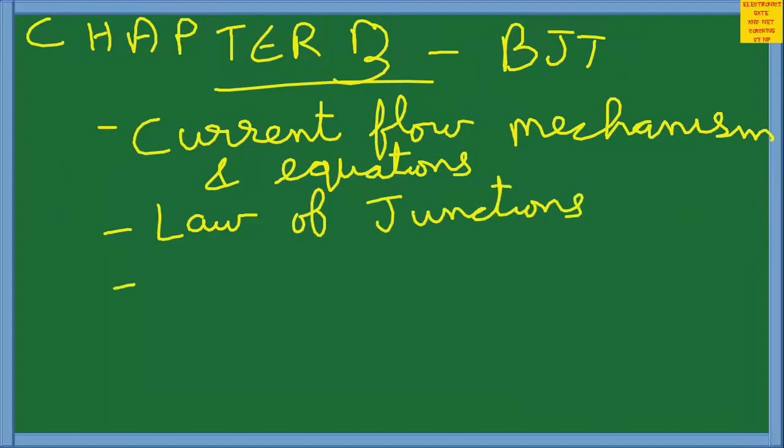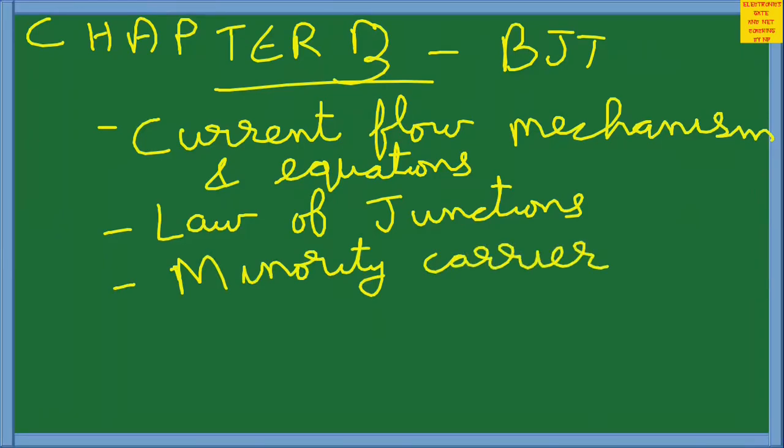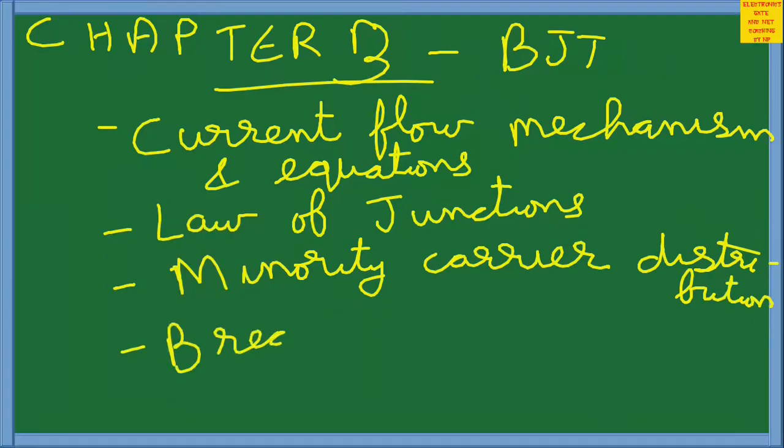And after that, we will go for the minority carrier distribution of a transistor in active mode. And here also we are discussing this considering the active mode of operation. And then we will study different breakdown mechanisms in BJT.